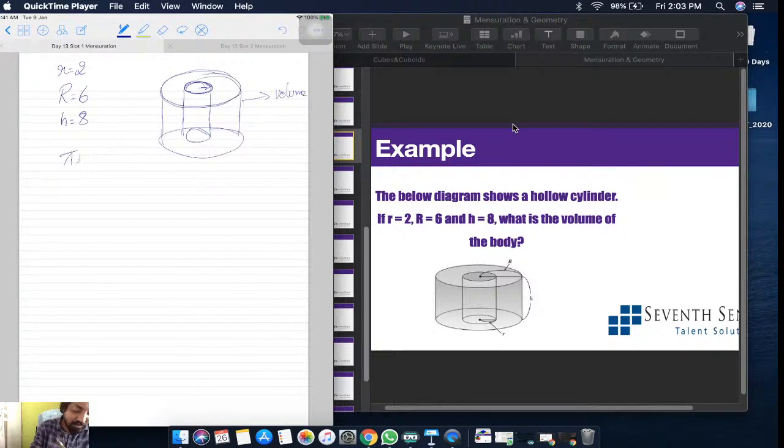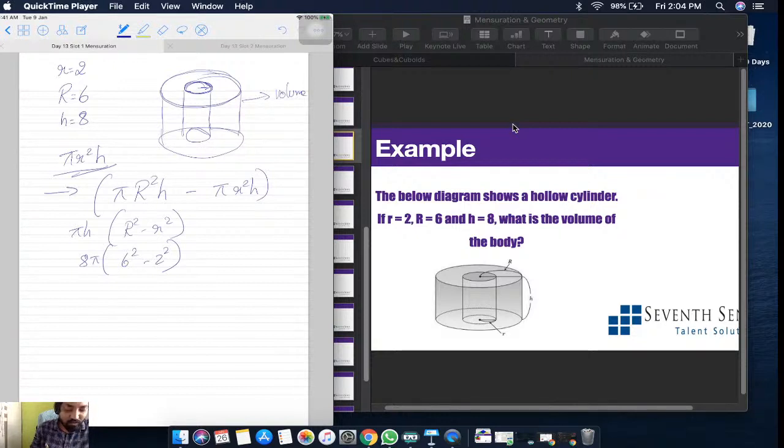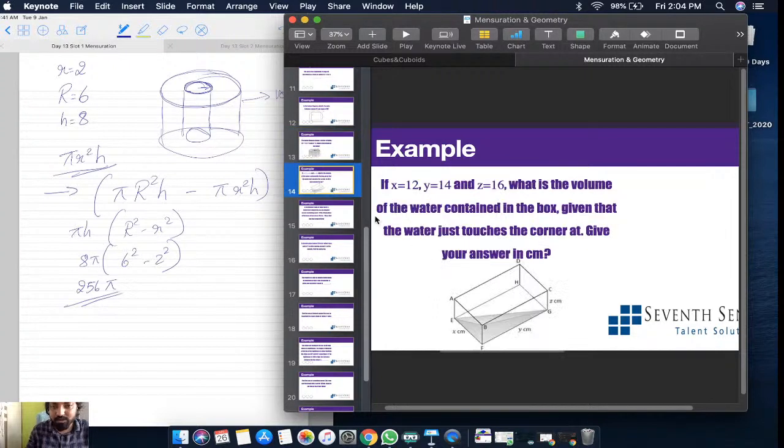We have already found that the cylinder volume is represented as pi r squared h. So the volume is pi R squared h minus pi r squared h. You can keep pi and h common: pi h into (R squared minus r squared), which is 8 pi into (6 squared minus 2 squared). 6 squared is 36, 2 squared is 4, 32 into 8 is 256 pi. 256 pi. Great.